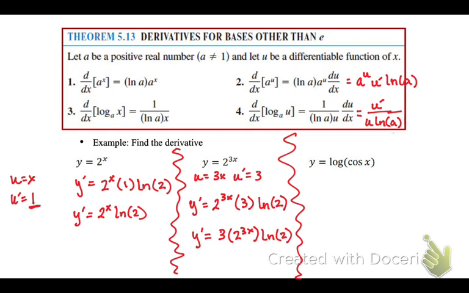Okay, so this one we're using 4, right? Because we're doing a logarithm. So u is cosine of x. u prime is negative sine of x.